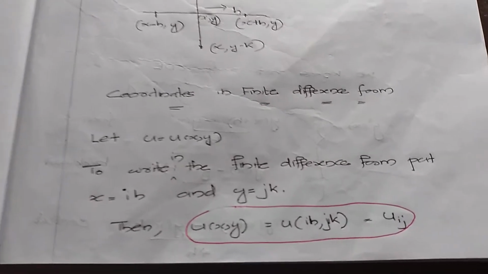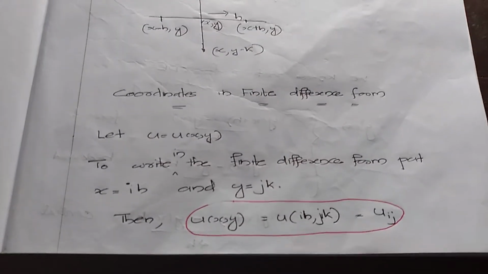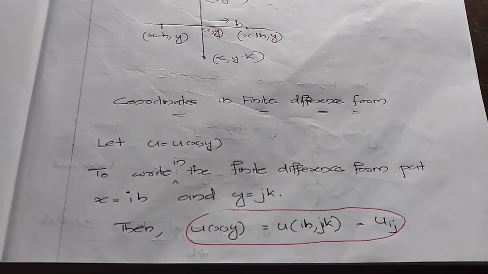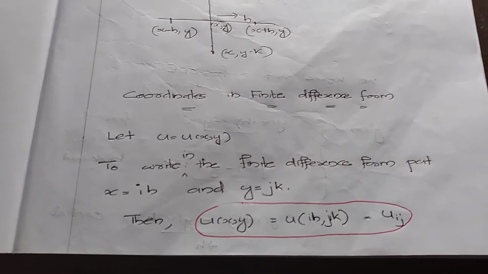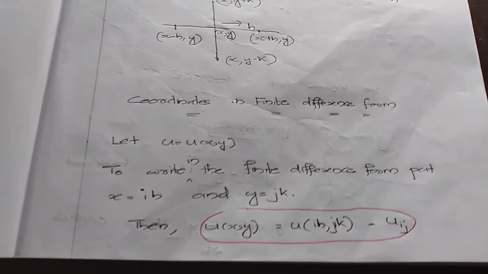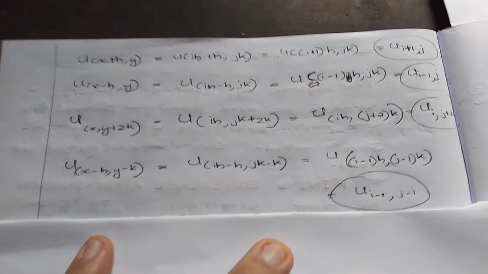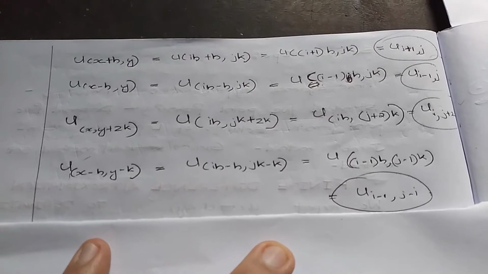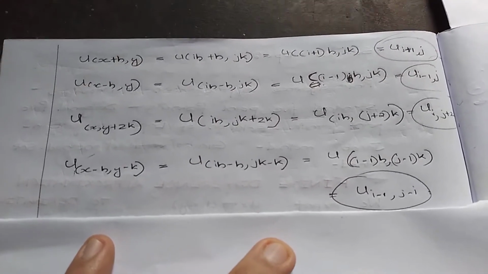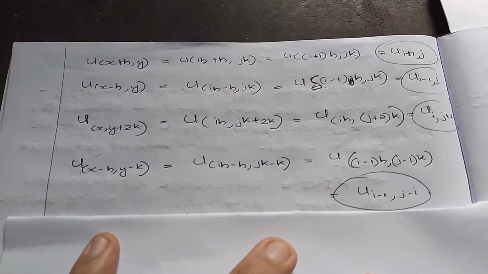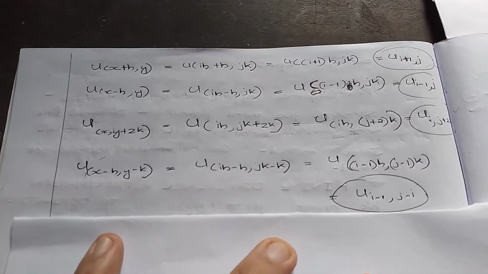To write the finite difference form, put x is equal to ih and y is equal to jk. So u of x, y is equal to u of ih, jk, and we can represent it as uij. Look here, in finite difference form the representation is quite easy because the two variables can be represented in terms of i and j very easily.